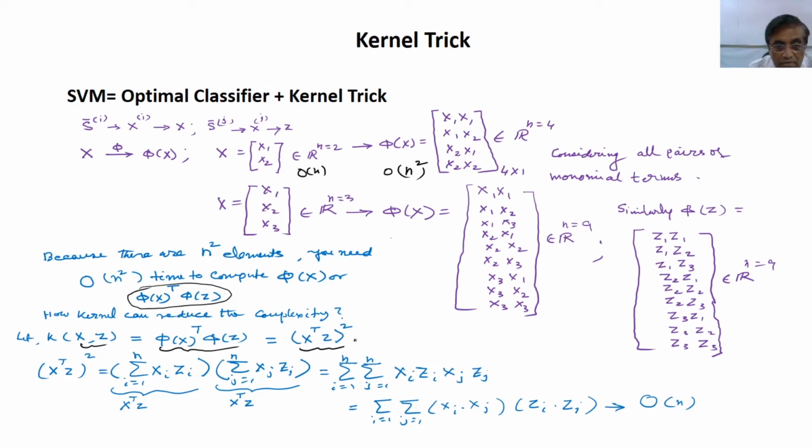So, this must be equal to this, and what is this? This is what I get when I perform that dot product.